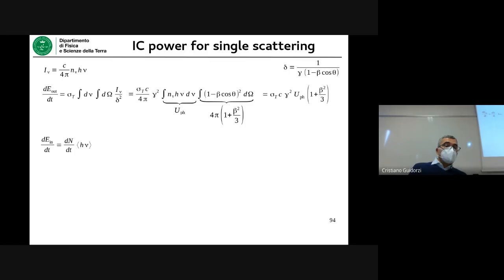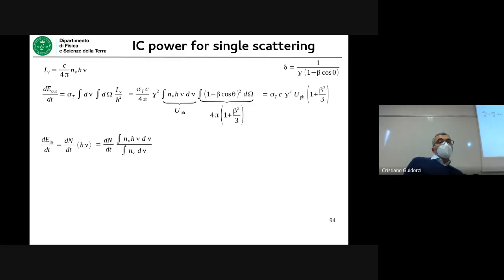Well, this is the total number of photons that are going to scatter off the electron per unit time, times the average energy of these photons. So on average, each photon will carry an average value of h nu, times the number of photons per unit time. And this is the total energy carried per unit time by the photons that are about to scatter off the electron.